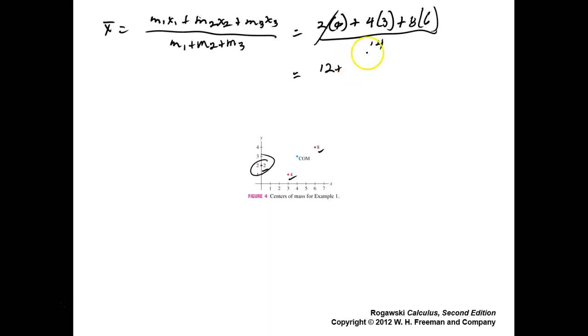Big numbers, huh? 48 over 14. 12 plus 48 is 60 over 14, which would be 30 over 7. Okay? Real nice number. That's your x bar.